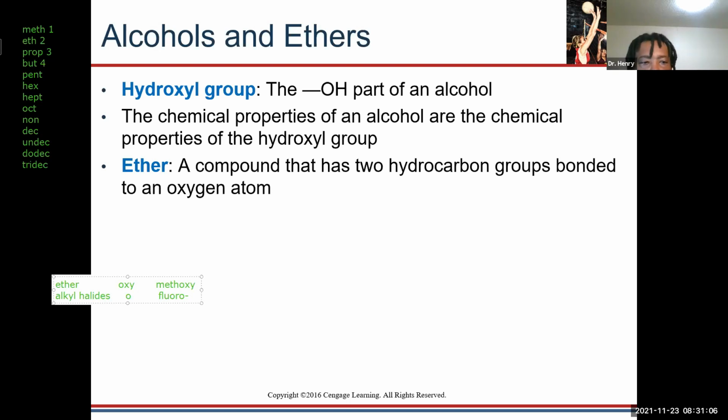Let's see. Okay, so if we go up, our next priority is the alkanes.